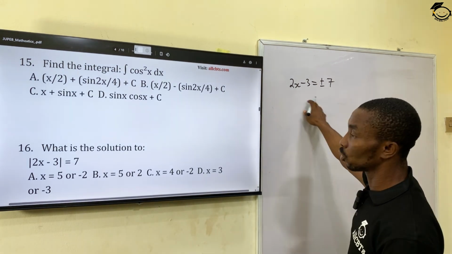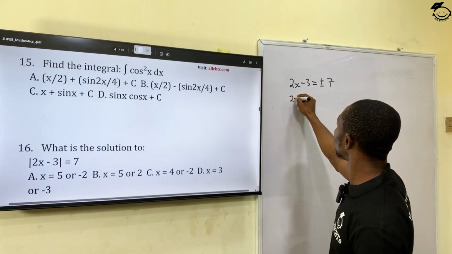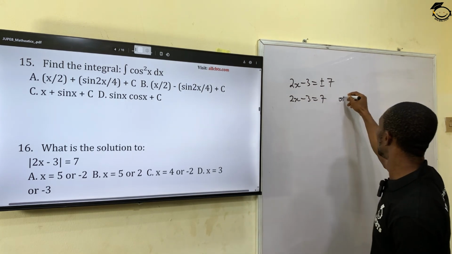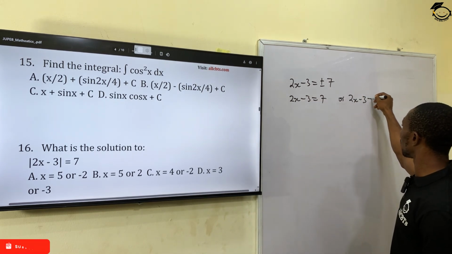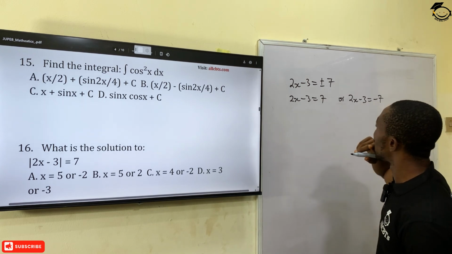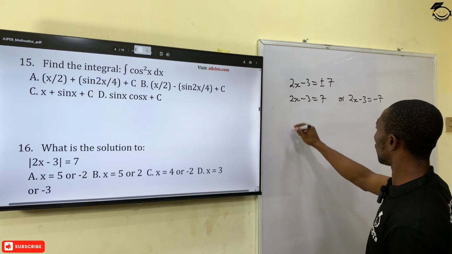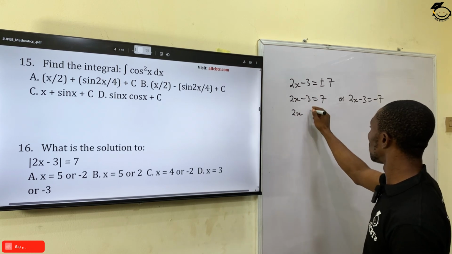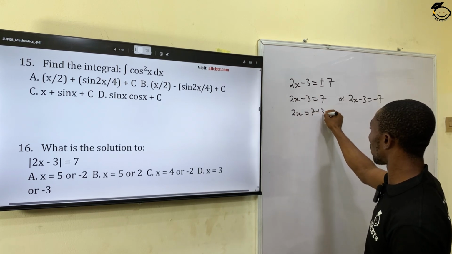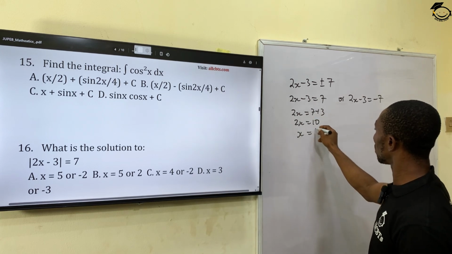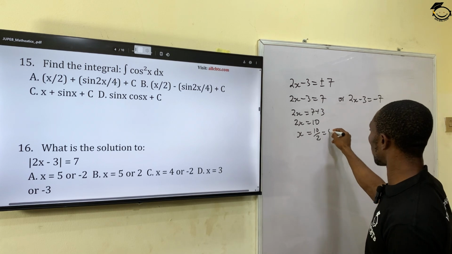What is the solution to 2x minus 3 equals plus or minus 7? Alright, now this would give us 2x minus 3 equals 7, or 2x minus 3 equals minus 7. Now, for this, moving minus 3 over will give us 2x equals 7 plus 3, 2x equals 10, x equals 10 over 2, which is 5.